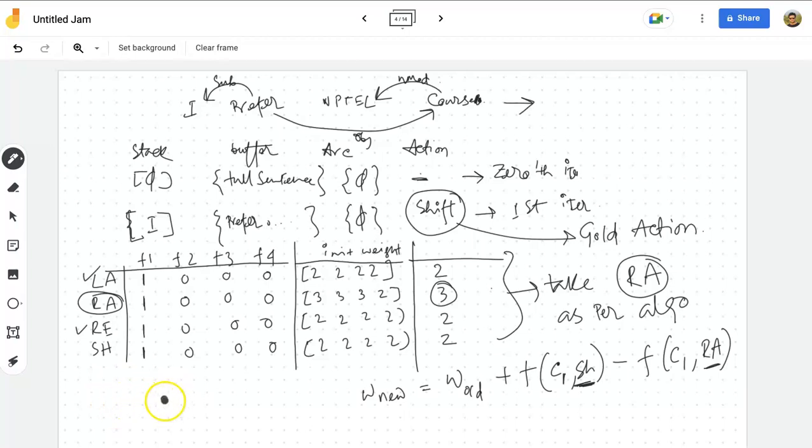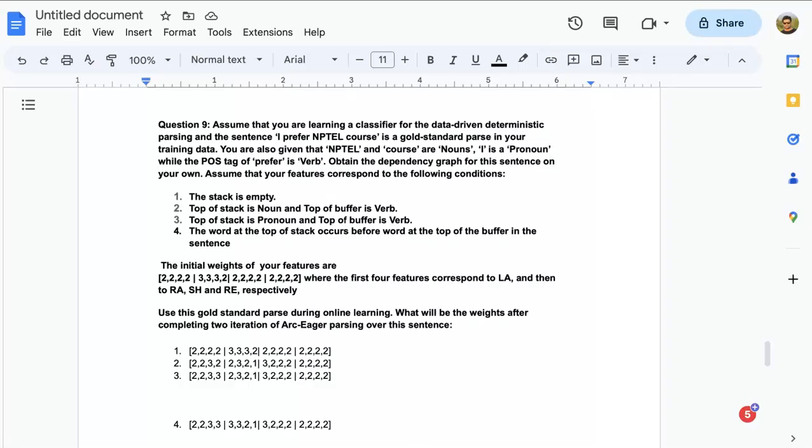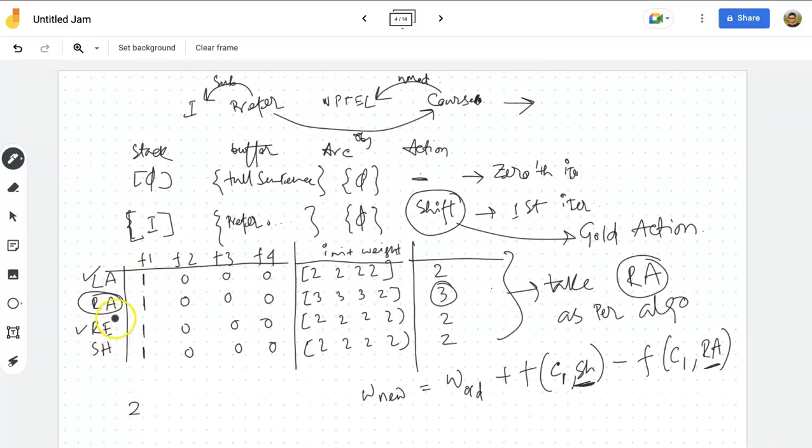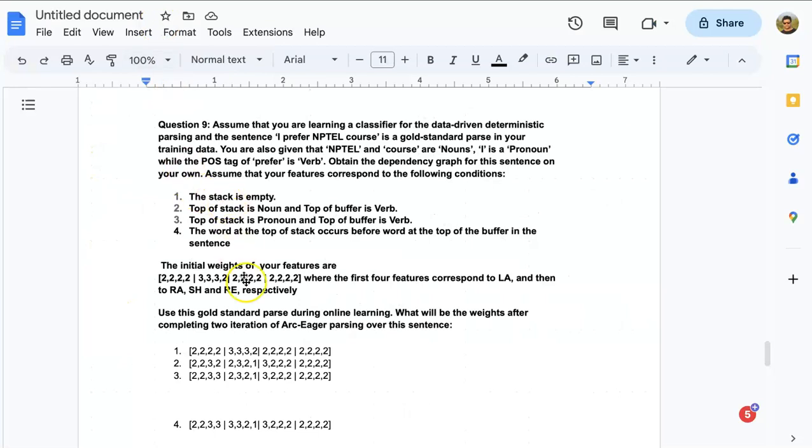For one iteration I'm just writing, it is very difficult to write it for all of these. Let's do it as per their convention, it will be easier for them to check the answer. So left arc, right arc, shift and reduce. Reduce is at the end.